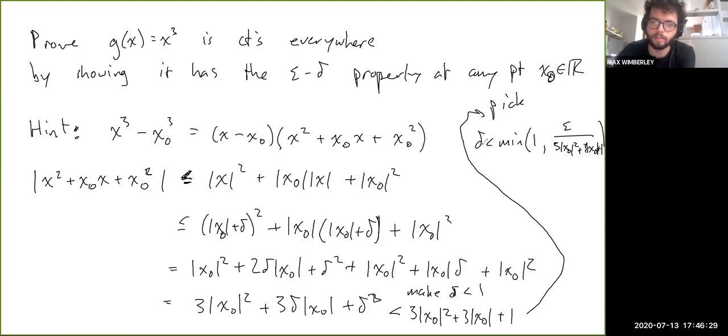And we know delta is less than that. So this is less than delta, and this is less than epsilon over this thing, and delta is less than this thing. So overall, it's less than epsilon. Okay.